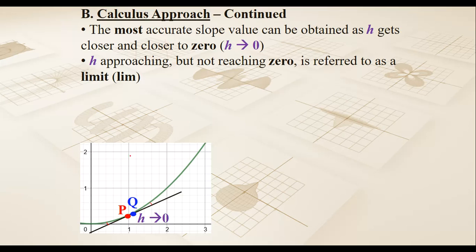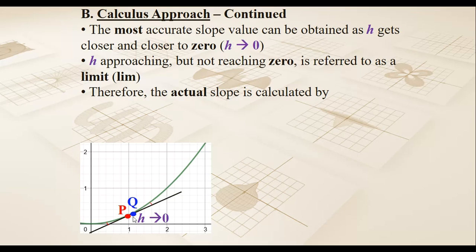This diagram still has a little bit of noticeable spacing between P and Q. If we could get h to be like 0.0000000000001 or something like that, then my tangent line would be a pretty darn good representation of what the slope is going to represent. So we want to look at the limit as h approaches 0.